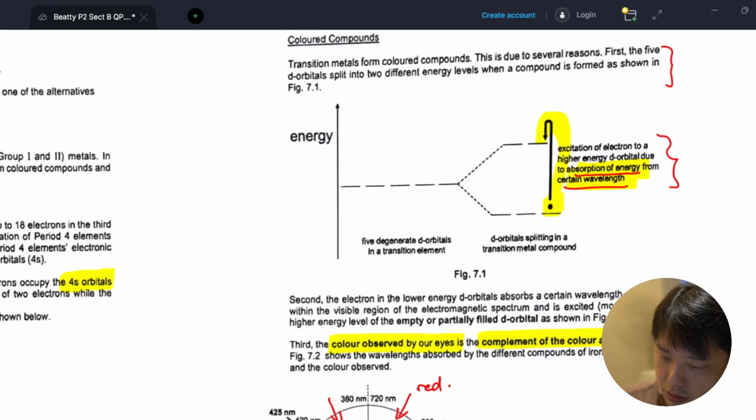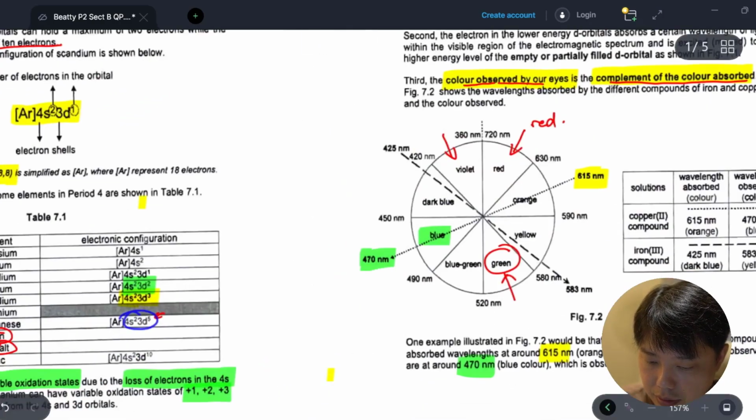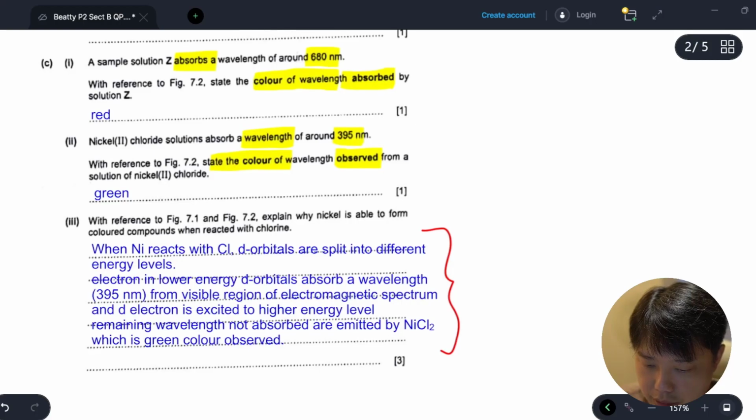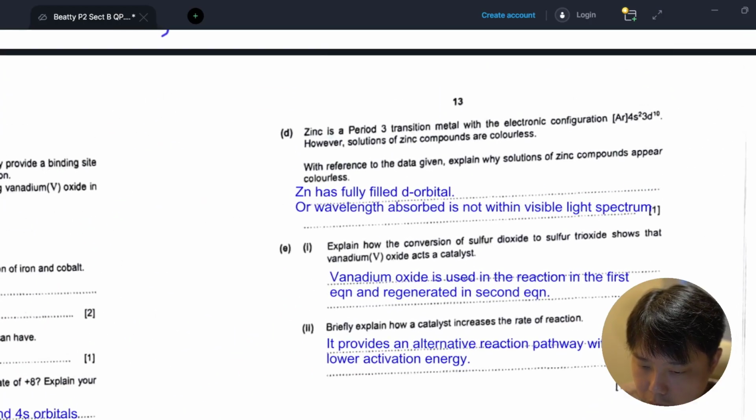The color observed is the complement of the color absorbed. So you can see that, and you just transpose that to here. Now look at the last two parts.